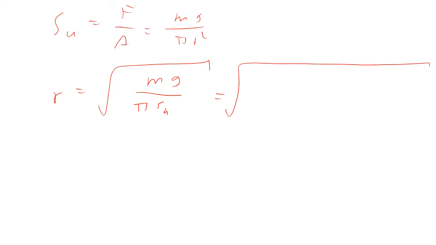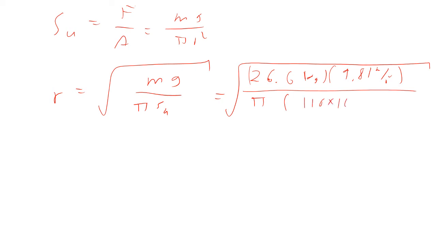So that would be the square root of 26.6 kilograms times 9.81 meters per second squared divided by pi times 110 times 10 to the 6 Newton per meter squared. So r is going to be equal to 8.69 times 10 to the minus 4 meters.